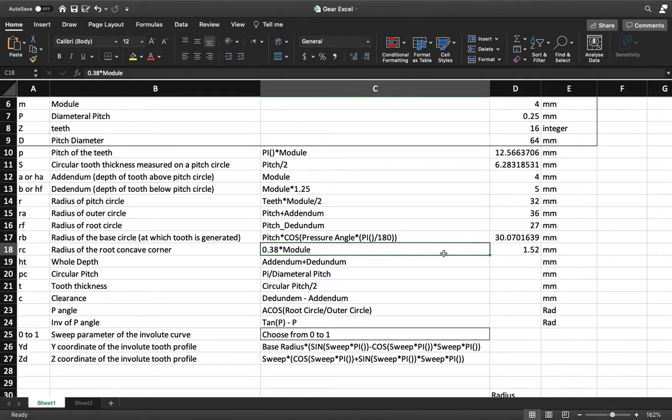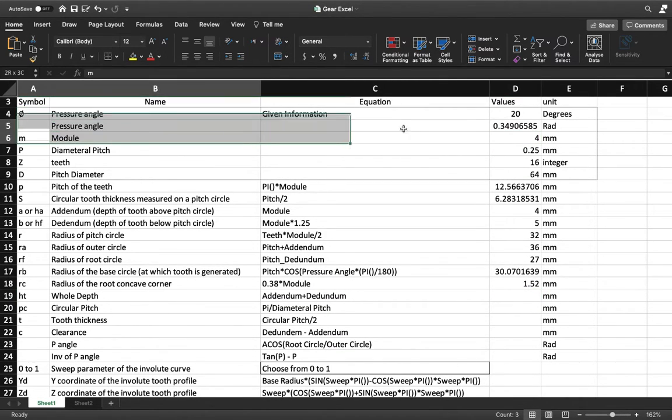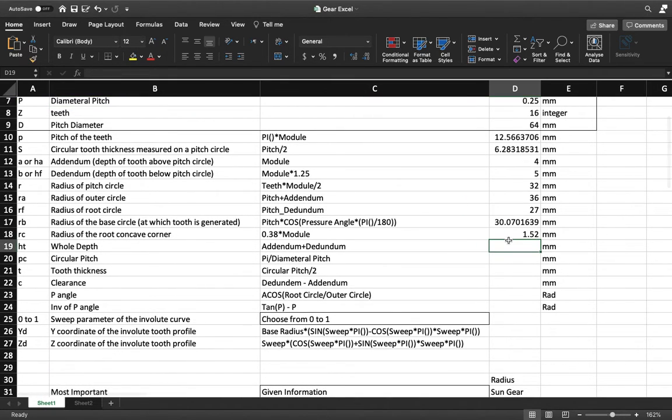In British units it's different: they don't deal with module, they deal with diametral pitch. So I'm treating this video only in SI units. Whole depth, from top to bottom, is addendum plus dedendum.